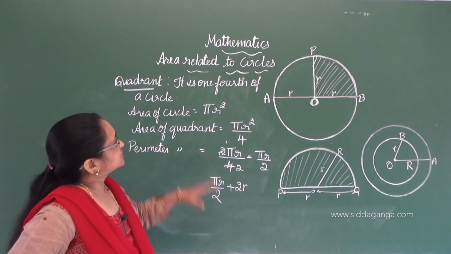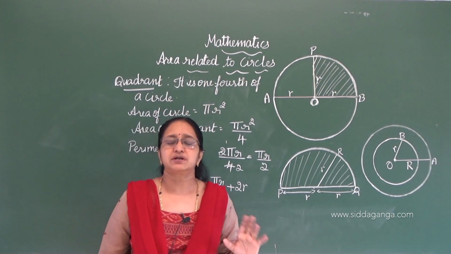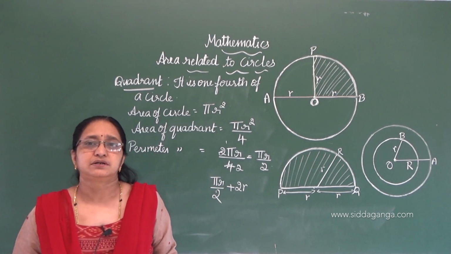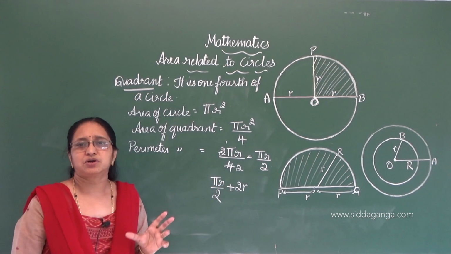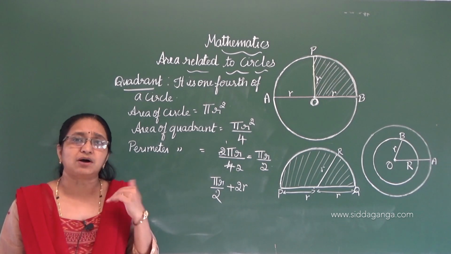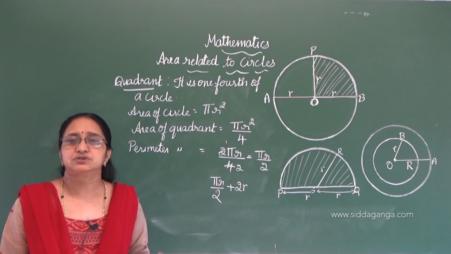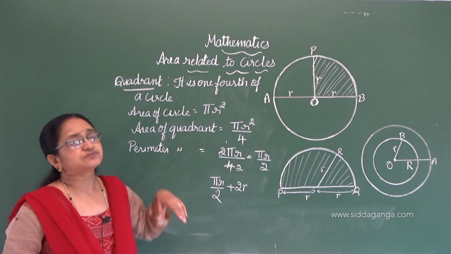Because in this chapter, area related to circles, we are going to study the area related to circles, but also the combination of plane figures. So we are also going to find out the area of the combination of figures.